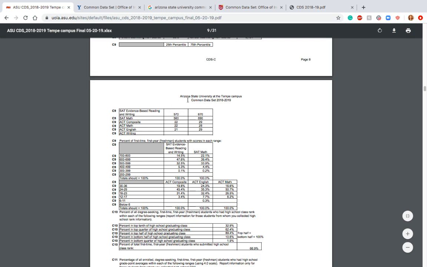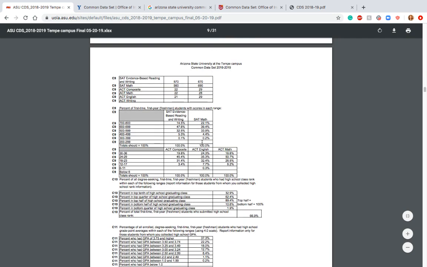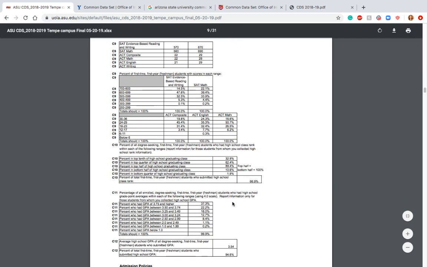This is where 50% of their students are coming in from. ACT Composite is a 22 to a 29. And you can see the breakdown. Less than half of their incoming classes are in the 600 range. They have quite a few 500s. They even have a few 400s. And you can just see the breakdown.